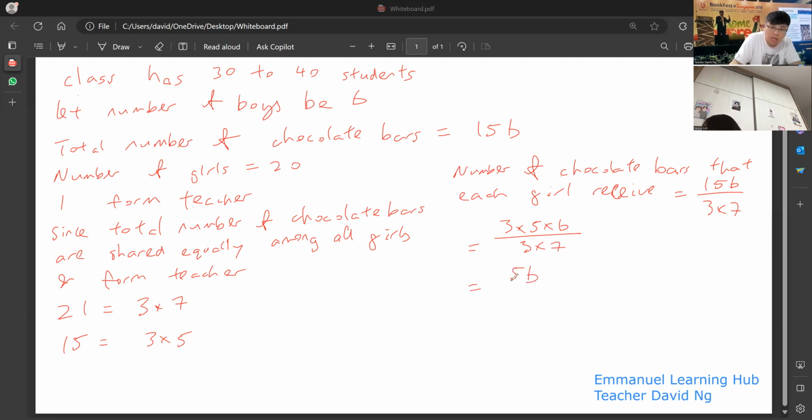So it's 5B over 7. Agree? The 3 can strike out. So the number of chocolate bars that each girl receives is 5B over 7. But they want the number of students in the class.